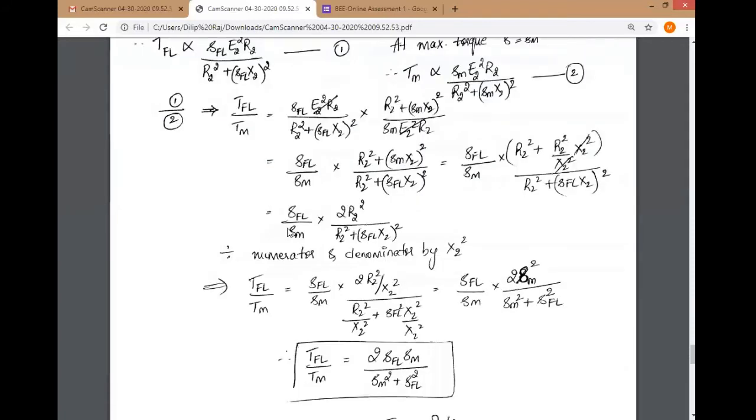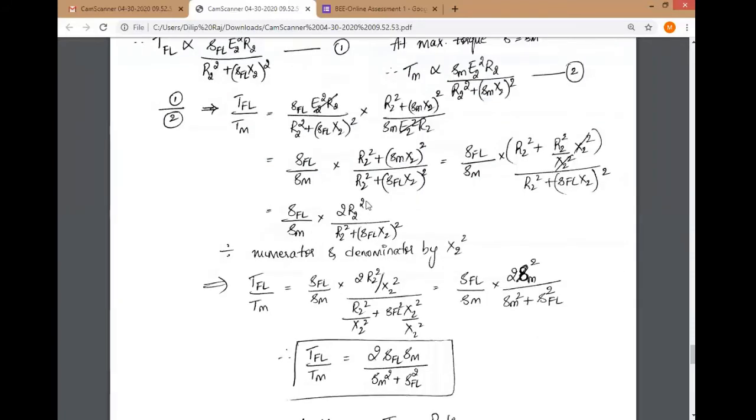Now we have SFL by Sm into 2 R2 square by R2 square plus SFL X2 the whole square. Now let us divide both numerator and denominator by X2 square, so R2 square by X2 square, here also SFL X2 whole square by X2 square, and here R2 square by X2 square.